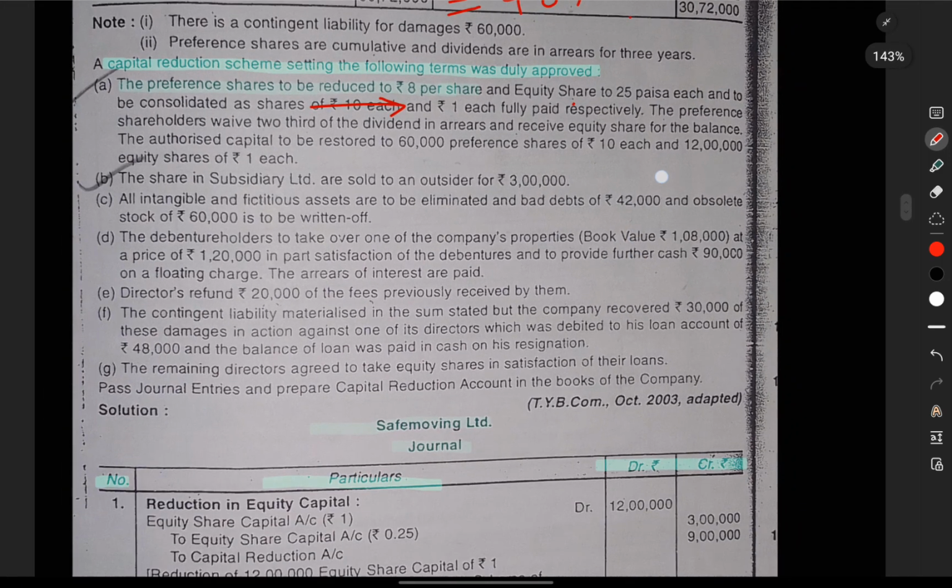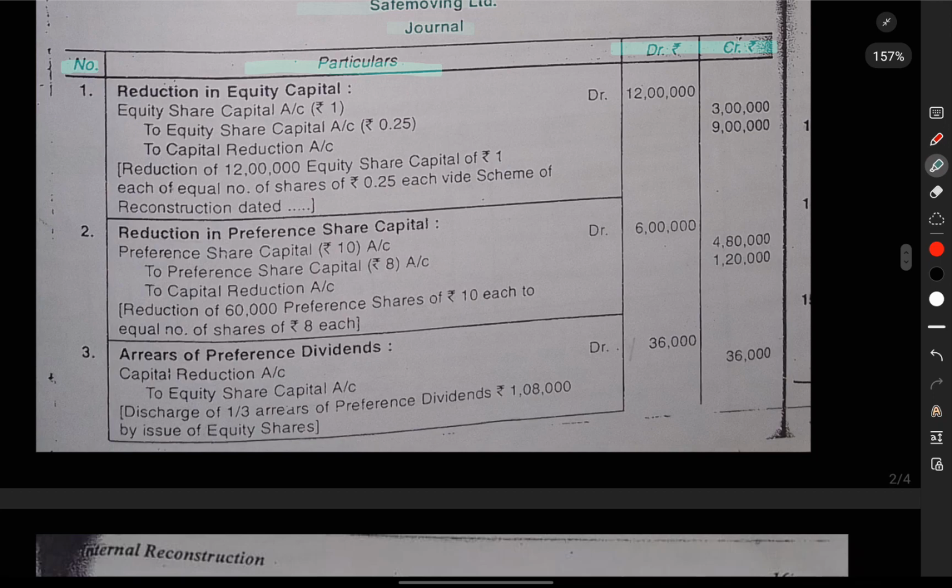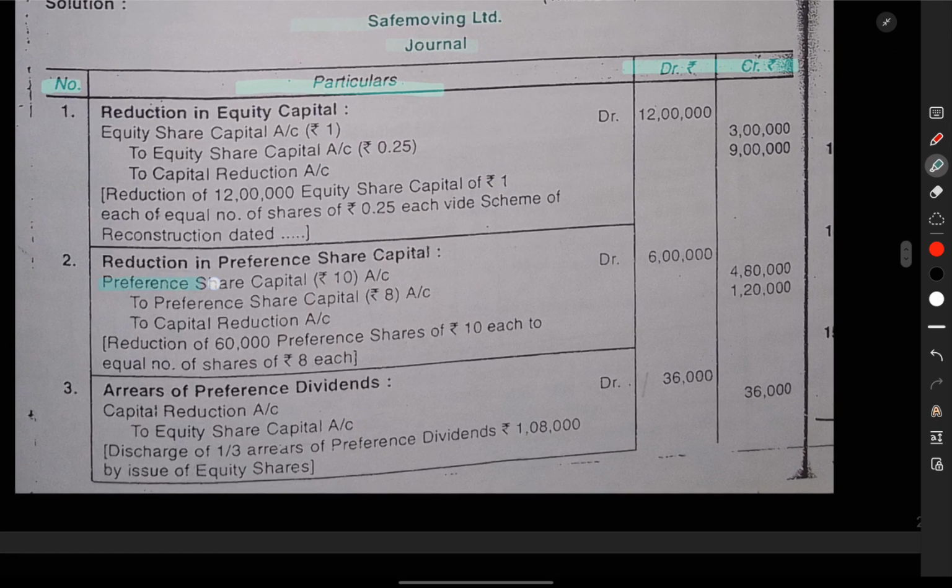So our entry will be, write it down: preference share capital account debit, which is 6 lakh, the total value of our preference shares, to preference share capital account rupees 8, 4,80,000, and the remaining balance will go to capital reduction account, 1,20,000.